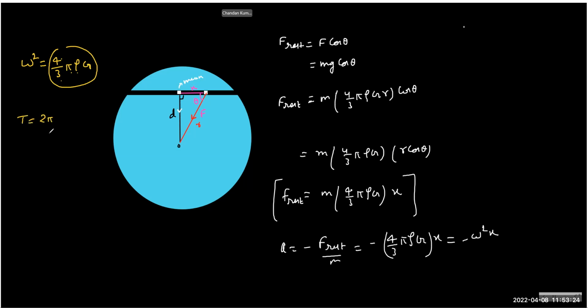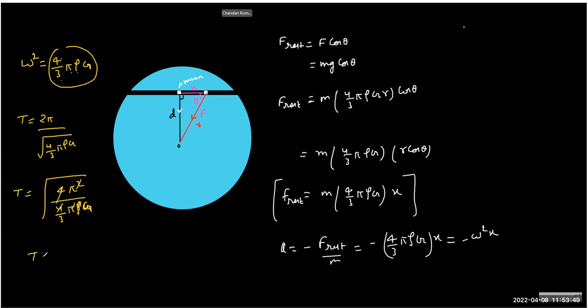Time period is 2 pi by omega, so we can write 2 pi by root of 4/3 pi rho g. And it's good to write 2 pi inside, so it will become 4 pi square over 4/3 pi rho g, and 4 pi cancels out.